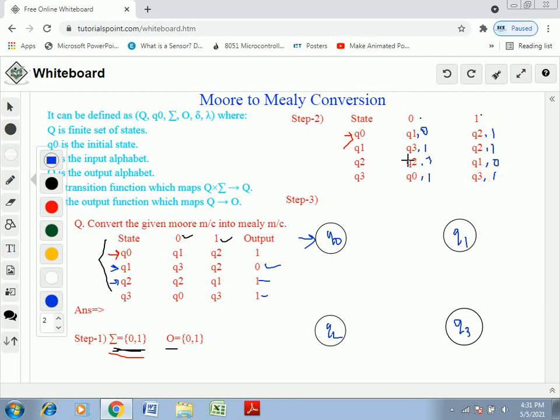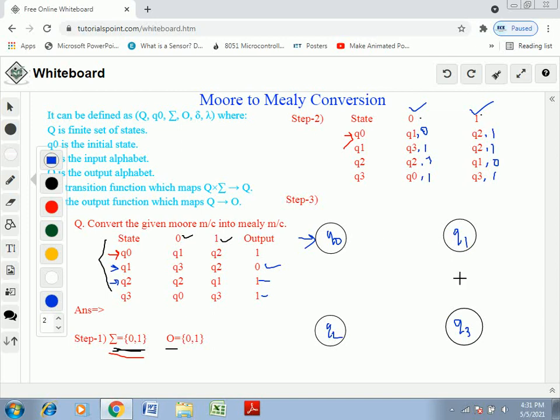So in step 2 you have to write the output with the states under the 0 input and the 1 input, because in a Moore machine the output is associated with the states. In the third step we have to draw the transition diagram. For the transition diagram we draw the states.